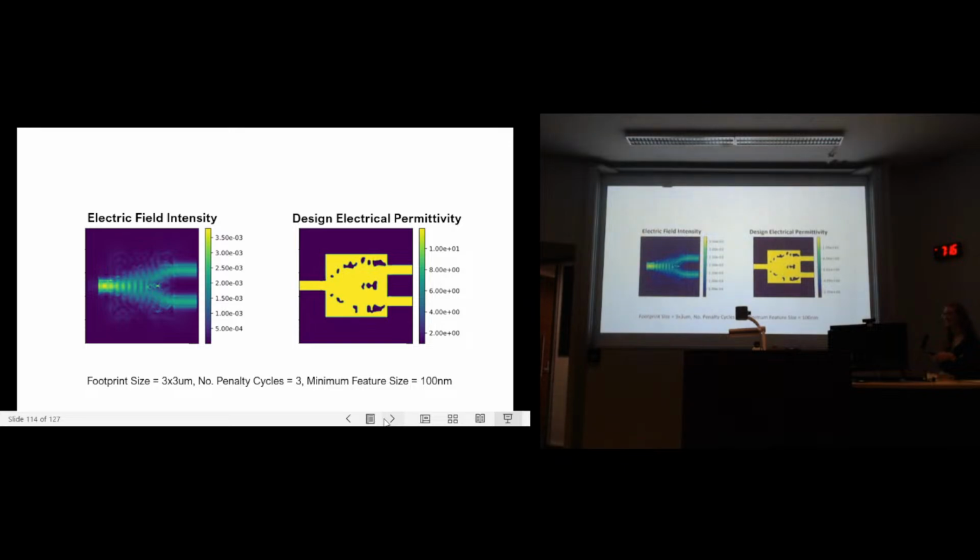Then another question was, with keeping the light coherent, is that expensive? I'm actually not sure. You're probably going to have to do a bit more in your simulations if you want to make sure that it's still coherent. But that'll all be done in the design phase.